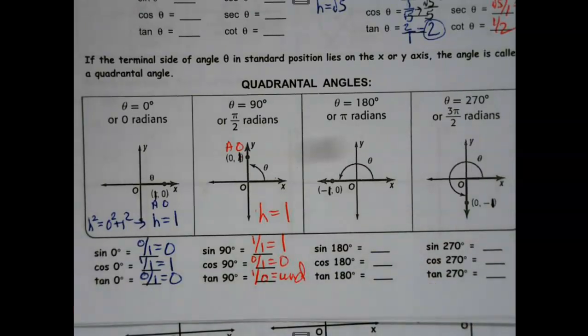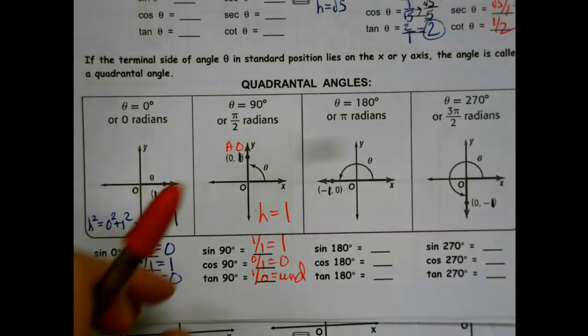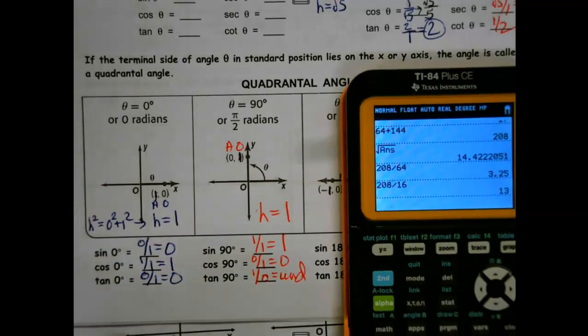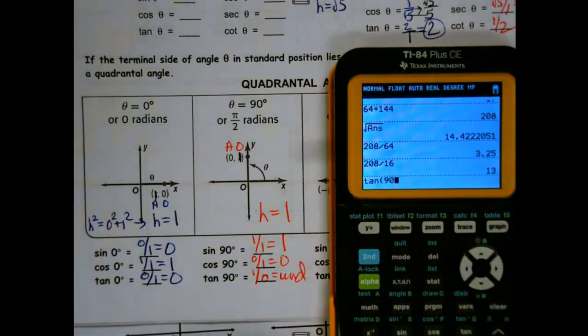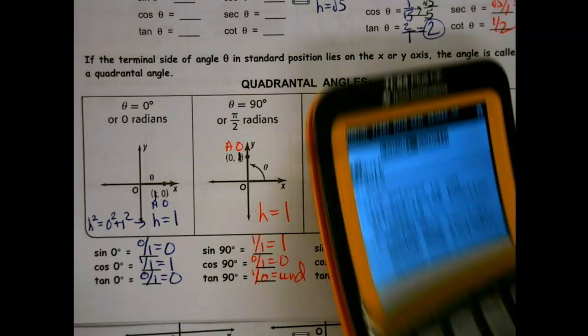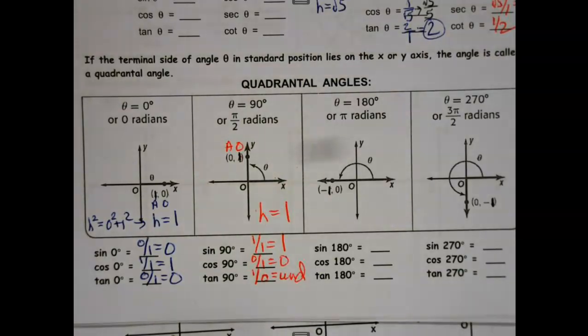You can't divide by 0. So you will run into some situations with this. And there are ways to check it on the calculator. You could type it in, and it'll just give you an error message. You're like, why don't we just do that? Because there's going to be some times and some places that using the calculator is not going to be helpful. So that's why we just get away from it right away.